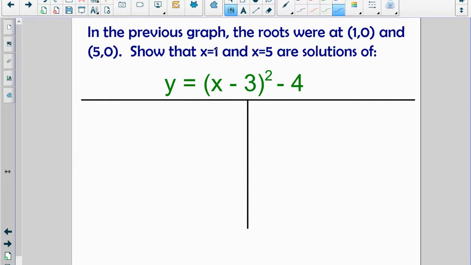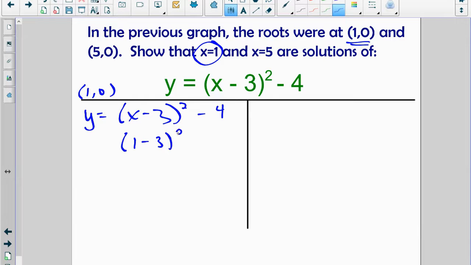Now, if x equals 1 is a solution, that means that (1, 0) will, when we plug it in, make the equation true. So we have y equals (x minus 3) squared minus 4. If I want to check (1, 0), that means that my x value is 1 and my y value is 0. So I'm just replacing my x and my y here.